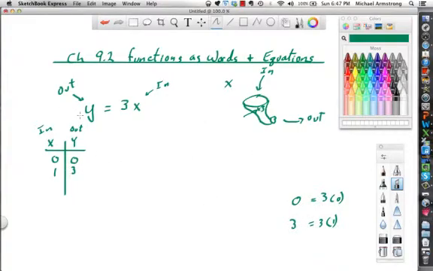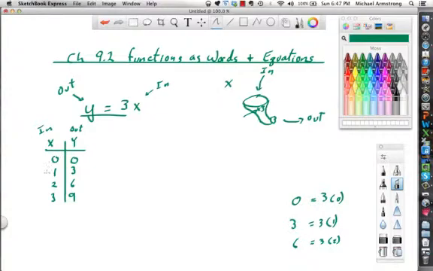What I'm doing here is I'm rewriting this equation over and over again down here. Say I put in a 2 for the x. That is 3 times 2, or 3 2's. If x is 2, then it's 3 2's, and that is equal to 6, so the y is equal to 6. And if I put in one more, 3, then we get 9, because 3 times 3 is 9.